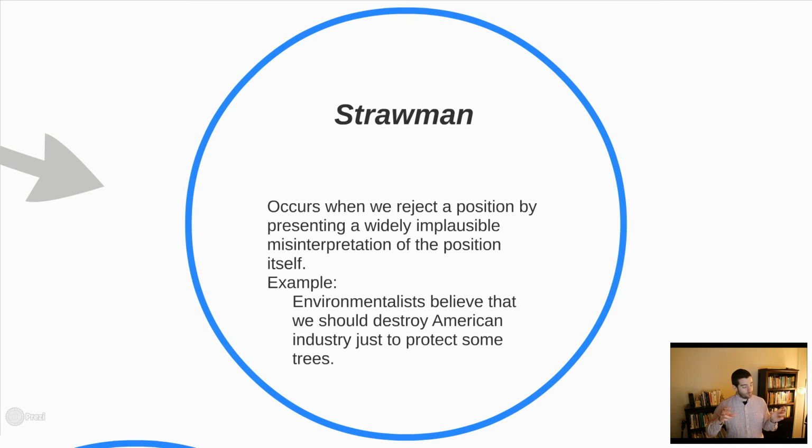The reason that people like to do this in argument is it makes it really easy to beat your opponent. If your opponent is saying something absolutely ridiculous, well, of course your view is more plausible. And there are instances where someone is genuinely saying ridiculous things. I can think of a few cases in the American political system right now that seem to fit in that category.